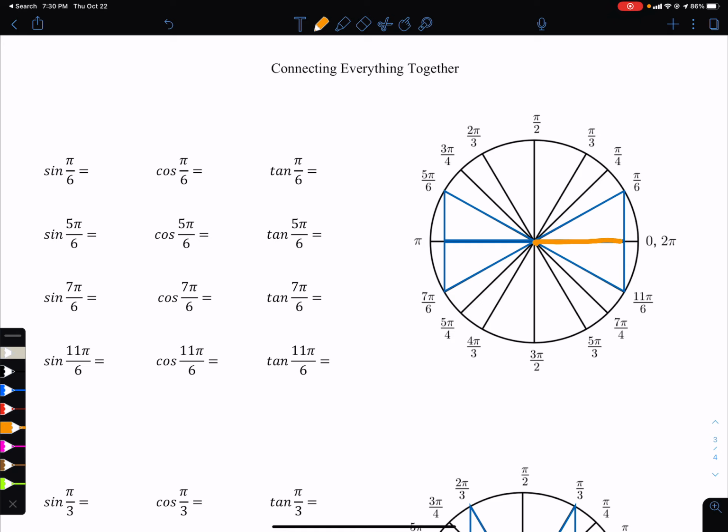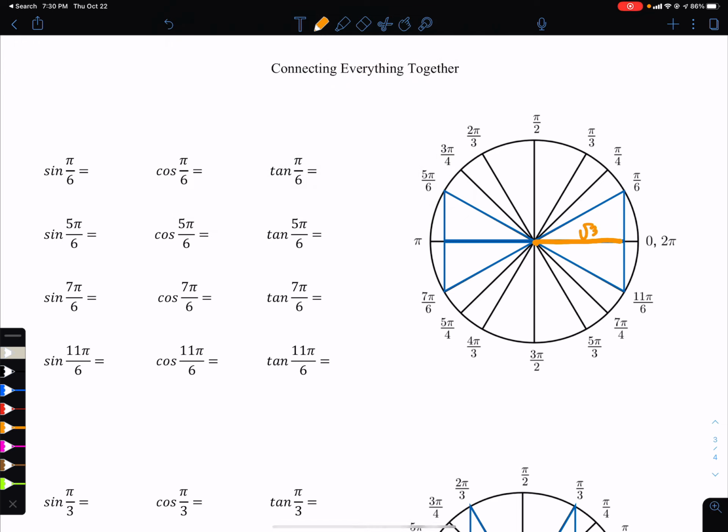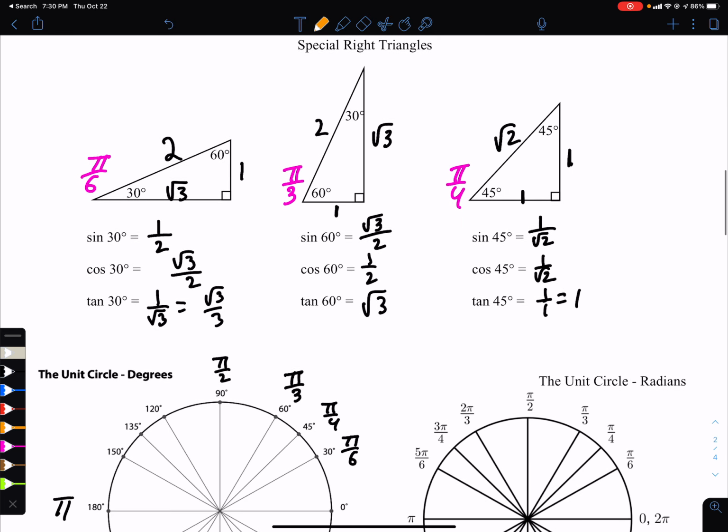Well, we learned at the pi over 6, the cosine is radical 3 over 2. So this is radical 3 over 2. And this is the same length. It's the same triangle. So that's negative radical 3 over 2. And we know from pi over 6, again, you have to know these triangles.